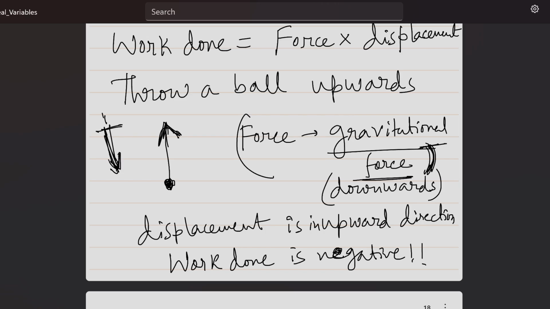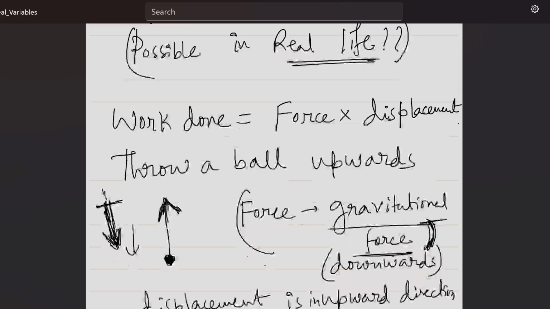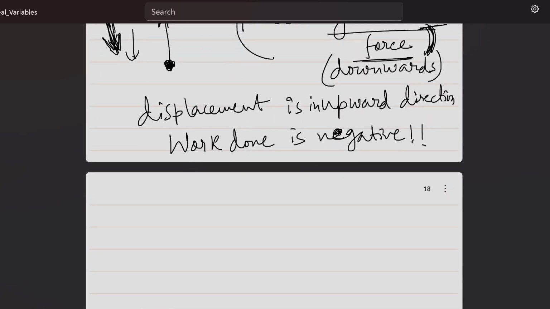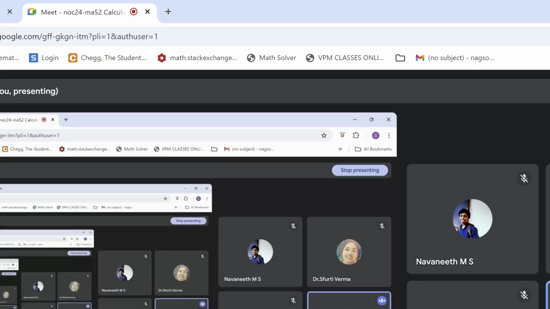Gravity is a force, it is not work done. It is a force which is always acting downwards. So suppose you throw a ball upward, your work done is negative, and suppose you throw a ball from your terrace downward, then your work done is positive, because force into displacement. So everything is in one direction, they are not in opposite directions. Understand?